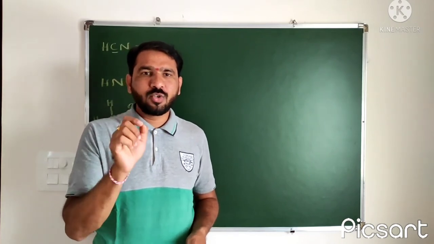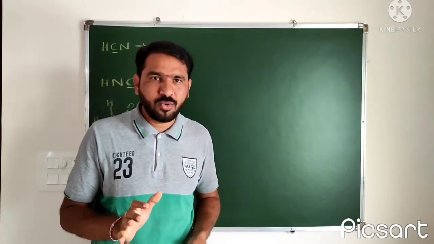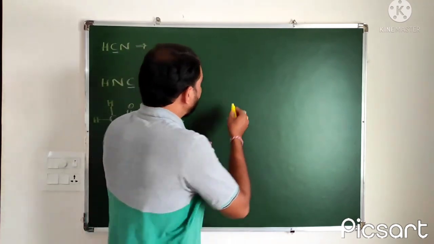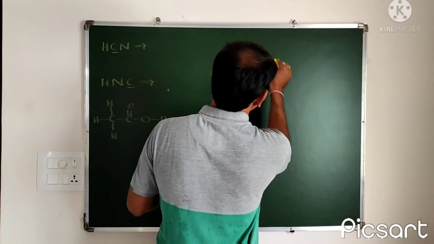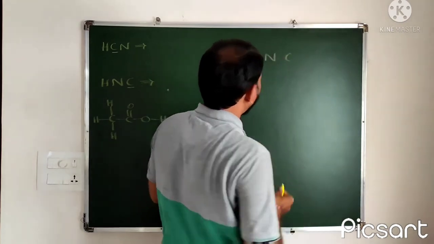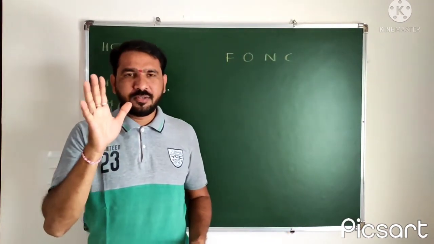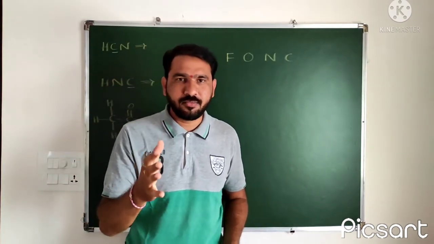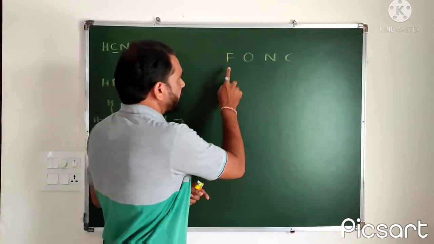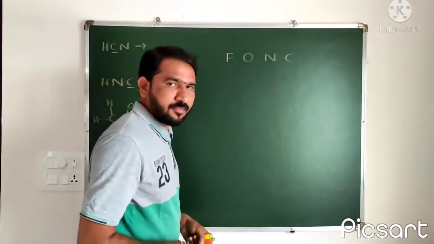Further, I would like to give one code. What is that code? F, O, N, C. Just assume it is "FONC".